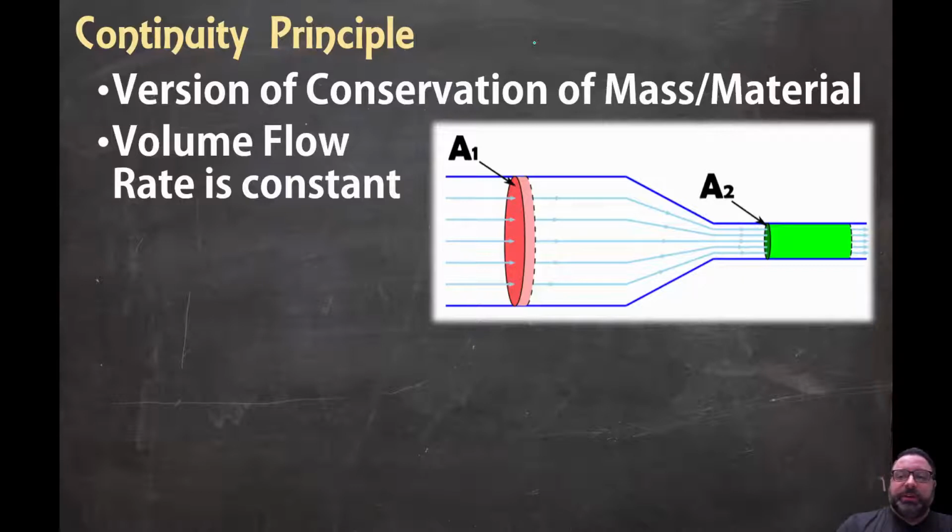if we look at our picture, let's label a couple of things here. We have 2 points, point 1 and point 2. We have the area of our pipe at point 1 and point 2. We also could say there's a diameter at 1 and a diameter at 2. We have a velocity at 1 and a velocity at 2.